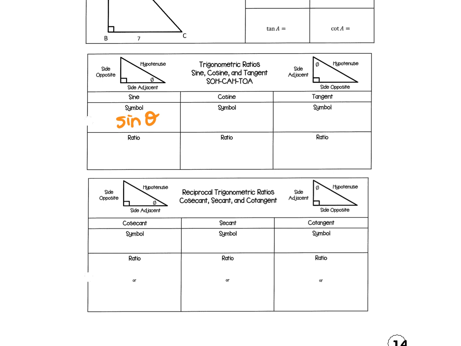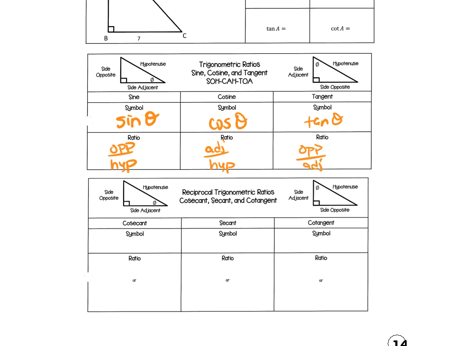It is not sin, it is sine. And the ratio we know is opposite over hypotenuse. For cosine, we know we use COS. And we know that that is adjacent over hypotenuse. And for tangent, we are opposite over adjacent.